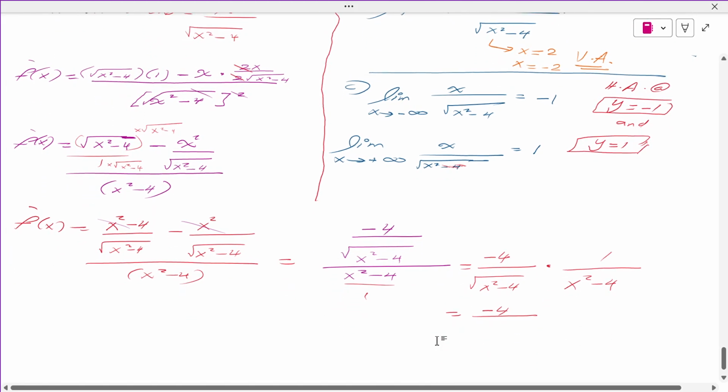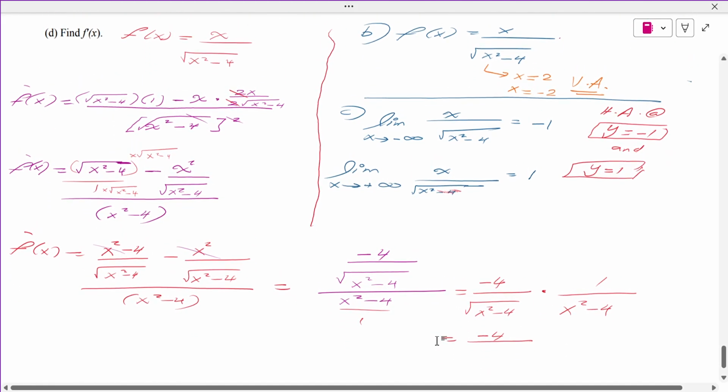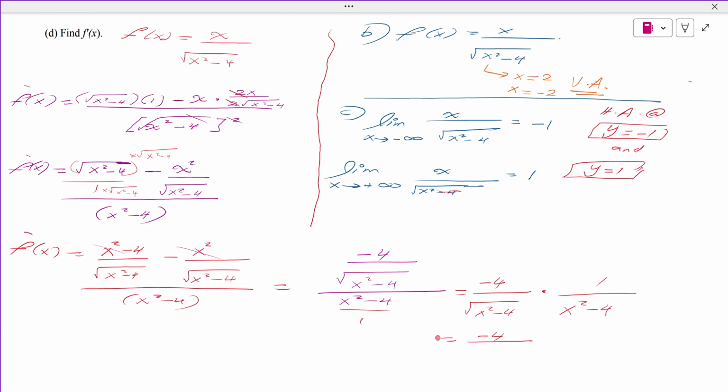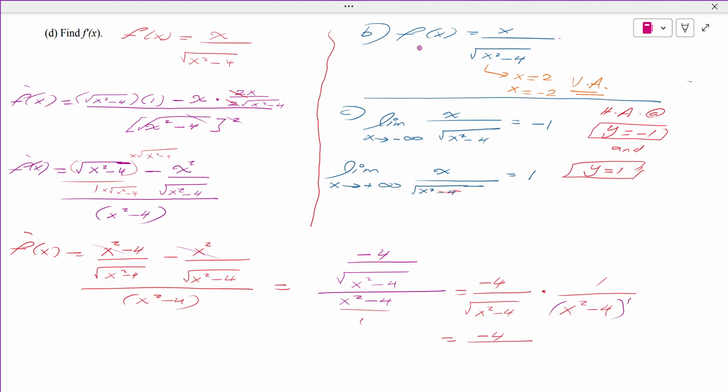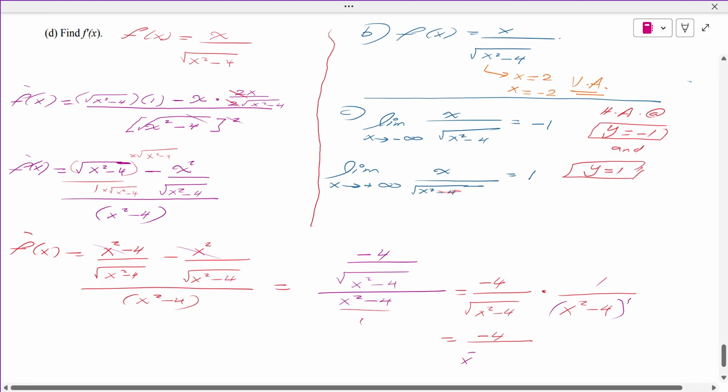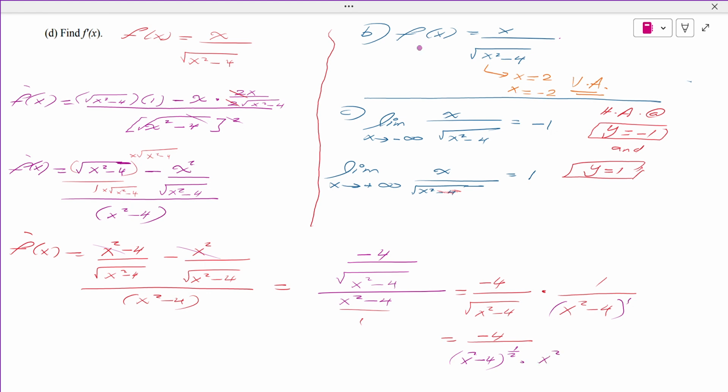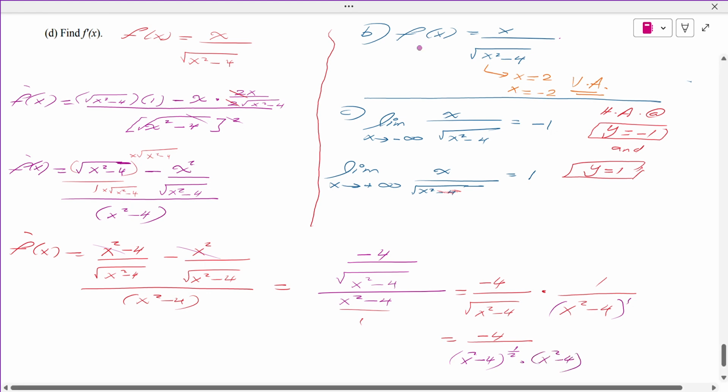And 1 times minus 4 is negative 4 over what? I know this is quite long, but this is how it's done. So negative 4 times 1 is negative 4, and here the square root is x squared minus 4 to the power of 1 over 2, times x squared minus 4 to the power of 1.